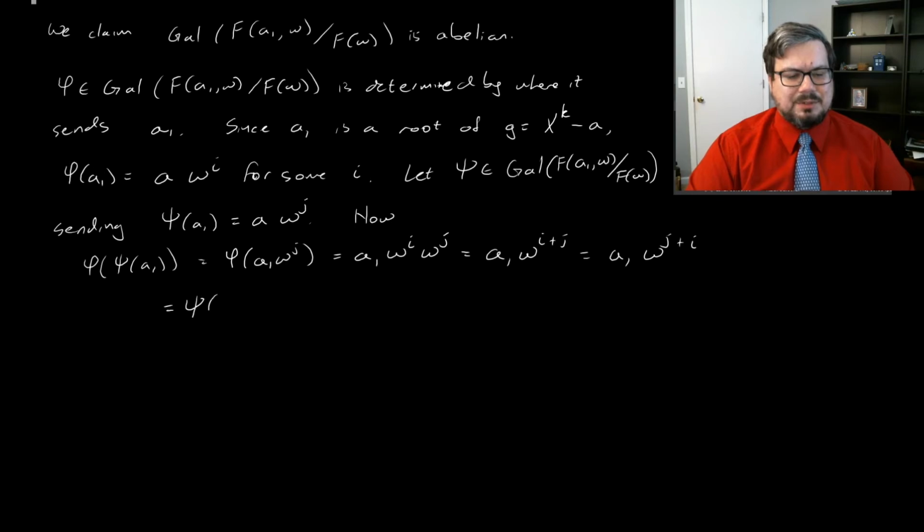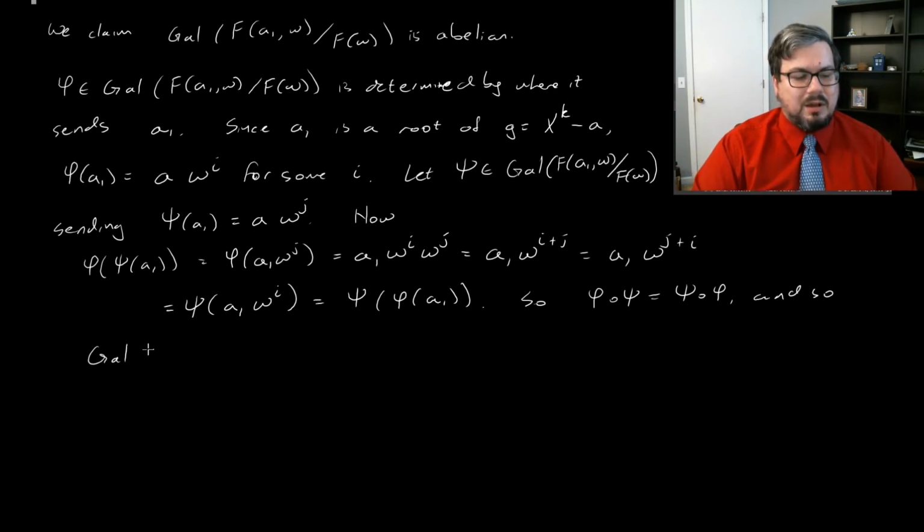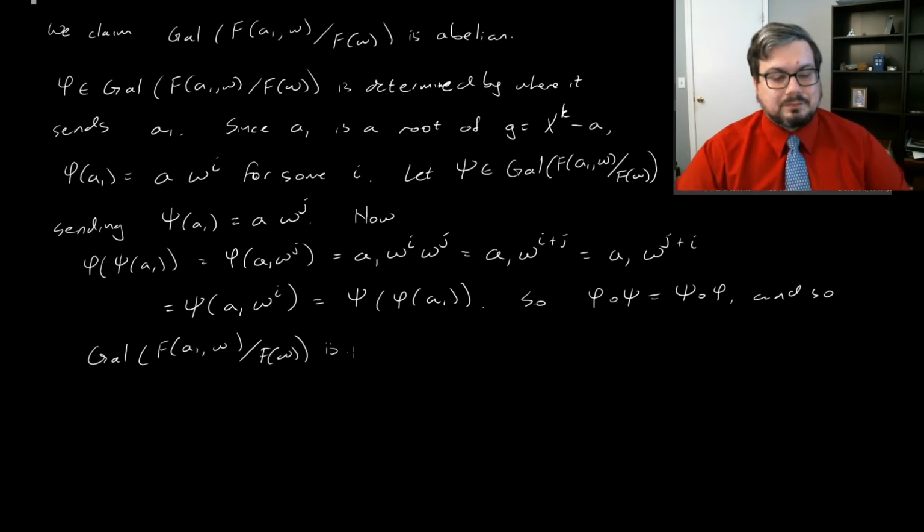So this is equal to psi of a1 times omega to the i, which is also psi of phi of a1. So this means that phi composed with psi is equal to psi composed with phi, and so we have that the Galois group of F of a1 omega over F of omega is abelian.